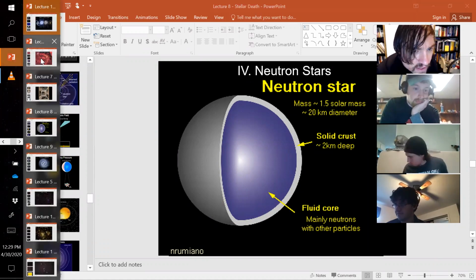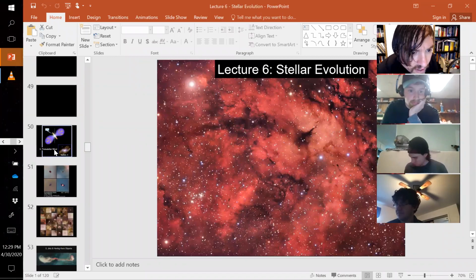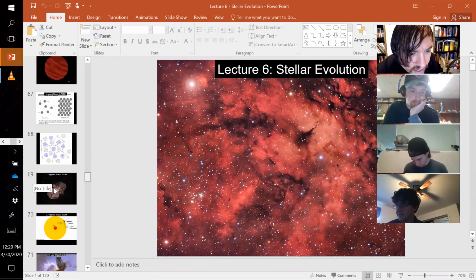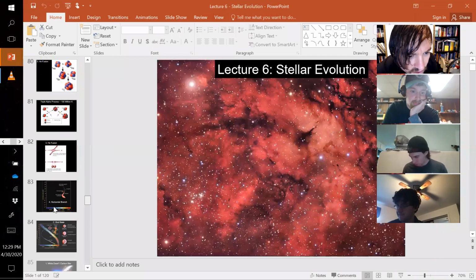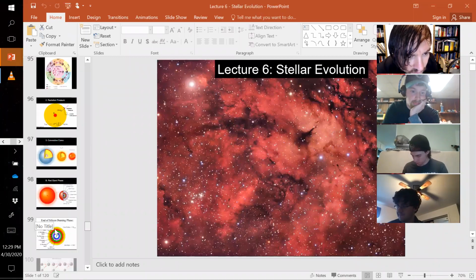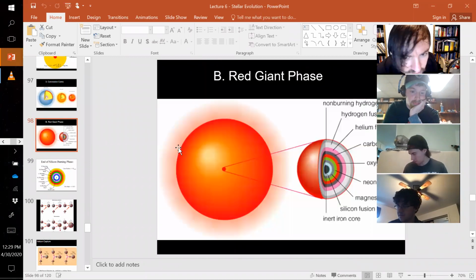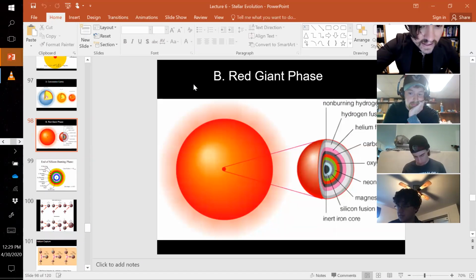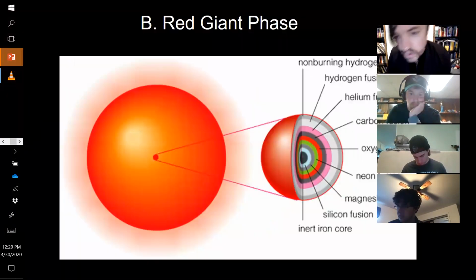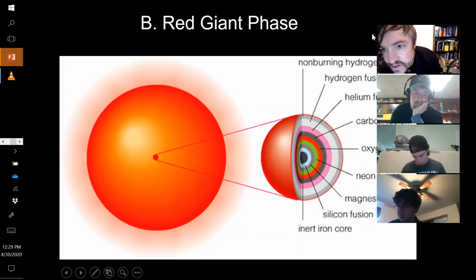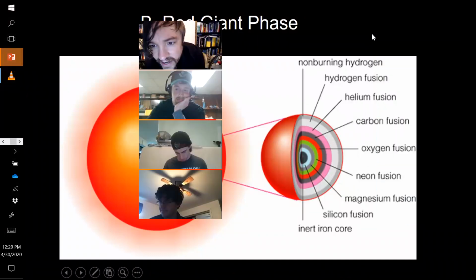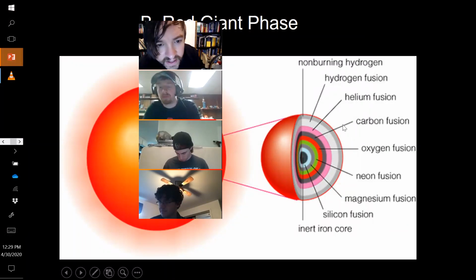I need to go back to a slightly earlier slideshow, and I want you guys to remember what the interior of a high mass star looks like shortly before its death. You'll remember that there's a sort of onion skin layer to fusion in a high mass star, where high mass stars are increasingly creating heavier and heavier elements through more exotic processes in fusion.